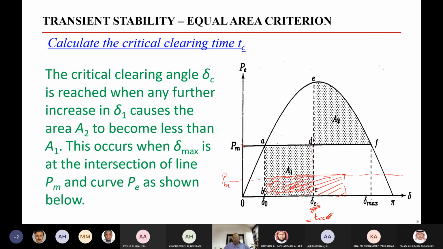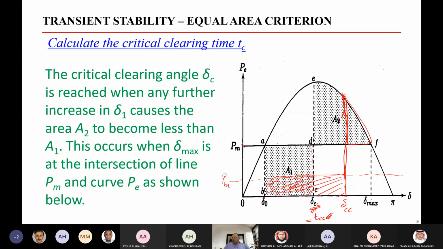This is the acceleration area, and then you clear the fault, and this would be the deceleration area, and this could be equal to this. So yes, in some cases you can have a critical clearing angle higher than 90. No problem, it could be done.